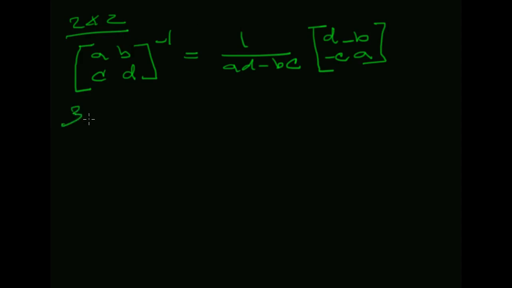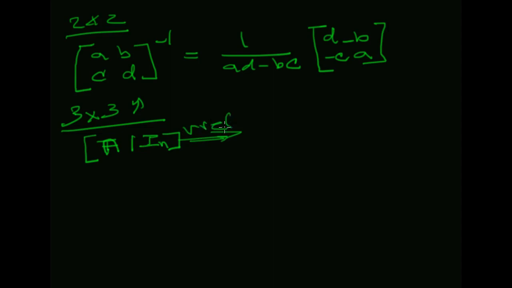So this is pretty simple for 2 by 2s. Usually for 3 by 3 or bigger, what we tend to do is use Gauss-Jordan. So the following is true. If I have an augmented matrix, A on the left, and the n by n identity on the right, and I use Gauss-Jordan on that, what it returns is the identity on the left, and lo and behold, A inverse on the right.